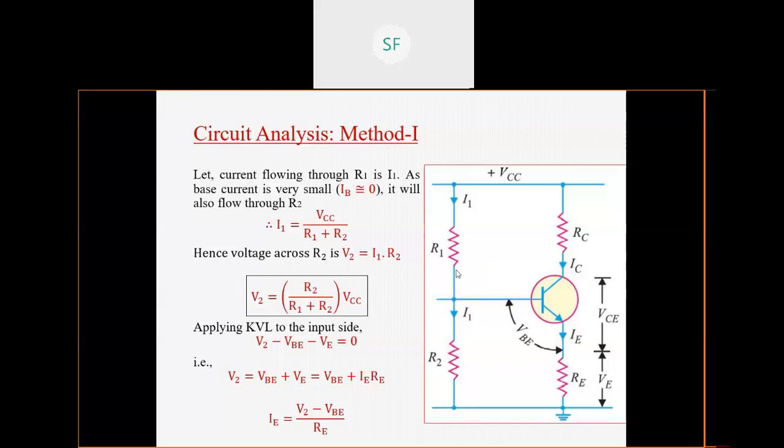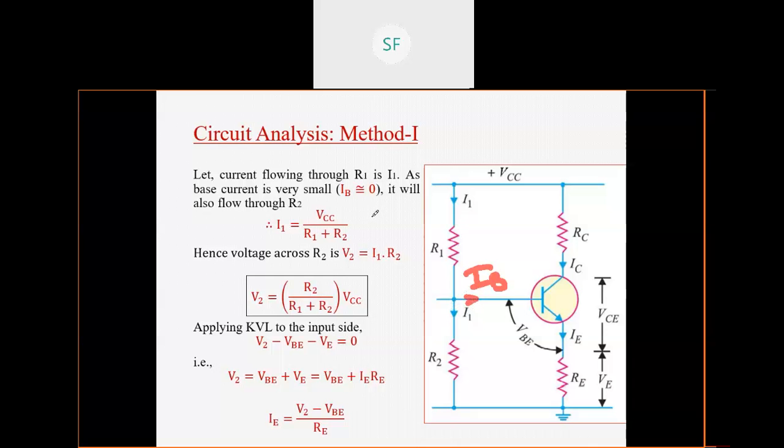Now I1 will go up to this particular point, and at this point, it is getting diverted into two branches. One branch is here, and this current is IB. So I1, at this point, is getting diverted into two components.